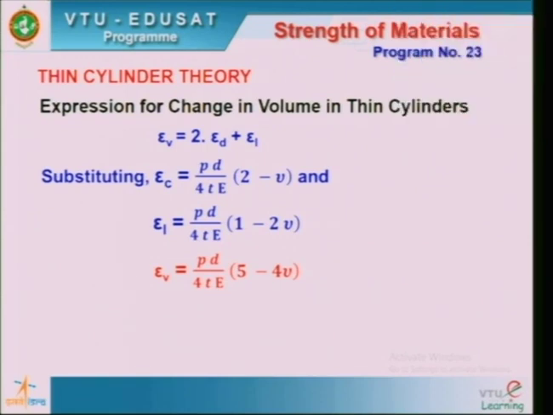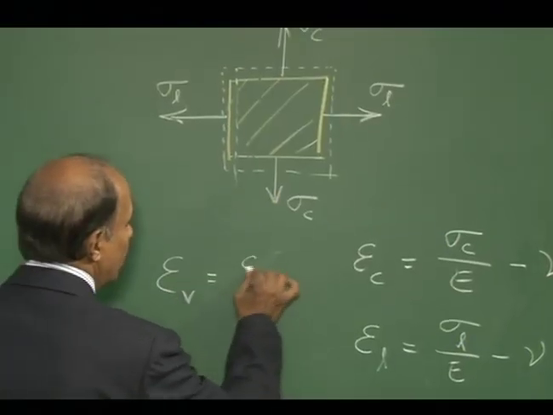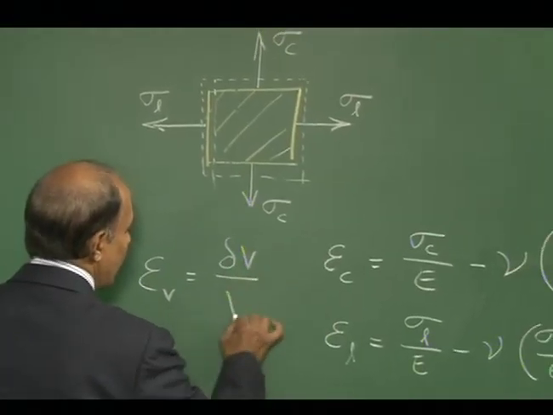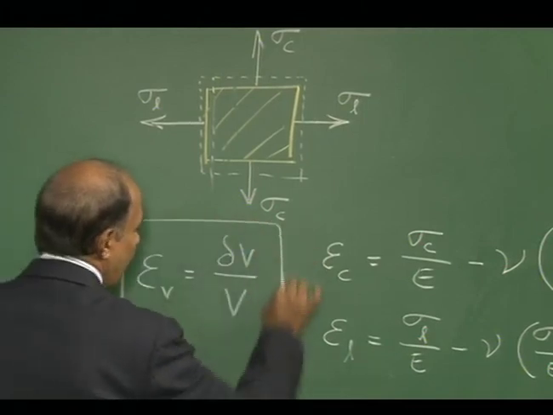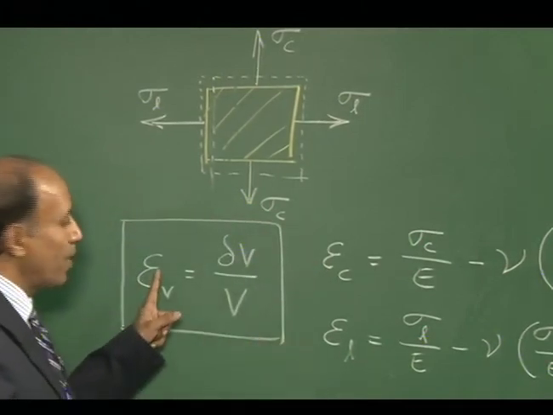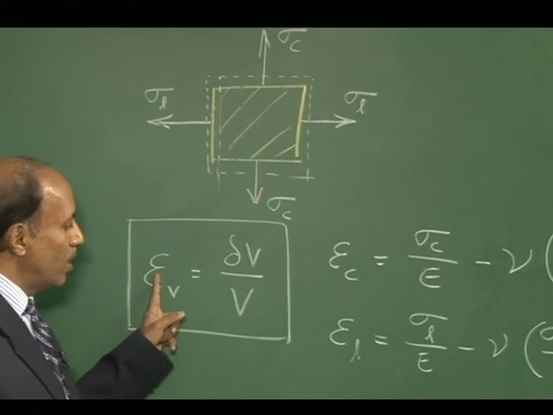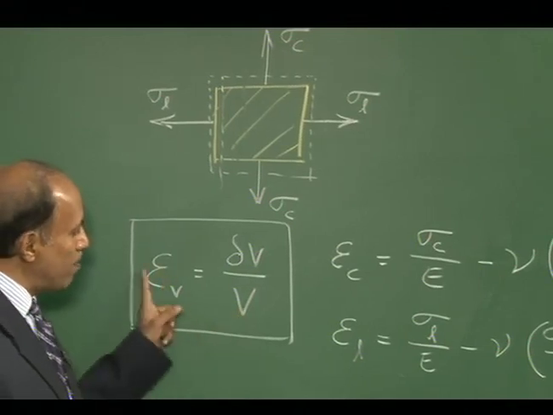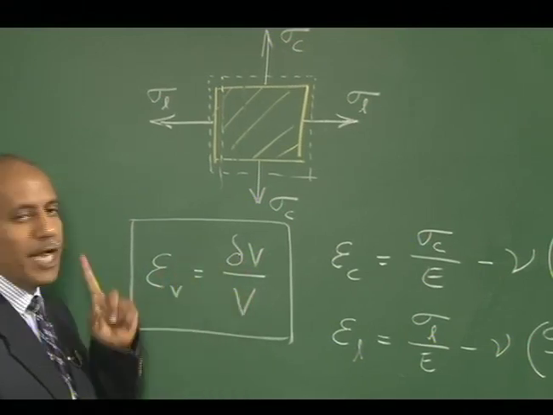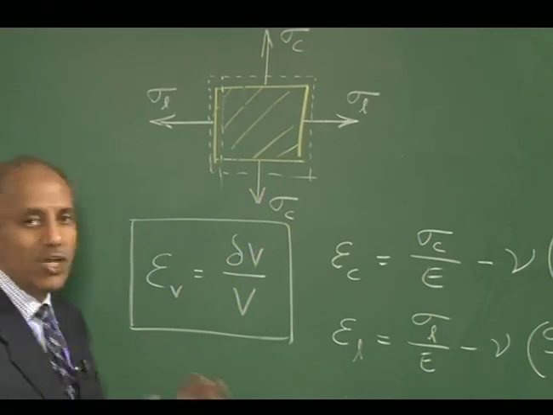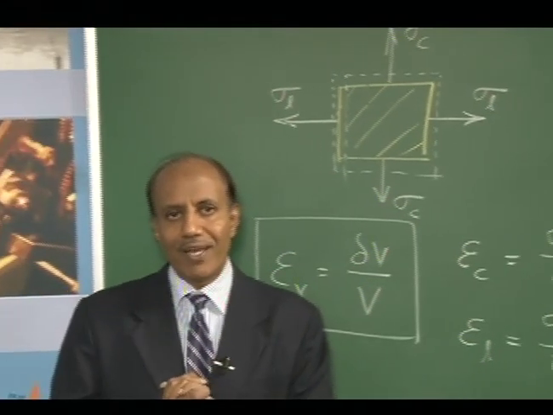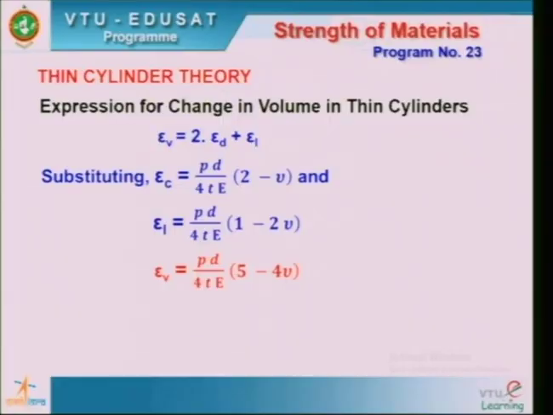I am using my final expression, epsilon V equal to delta V by V. We have just derived an expression for epsilon V. I know what V is. You multiply the two, you get delta V. What is delta V? Change in volume. So dear students, I hope you have understood how we are calculating change in volume.